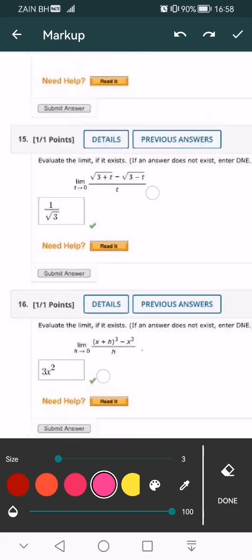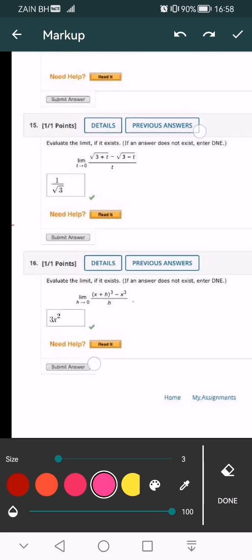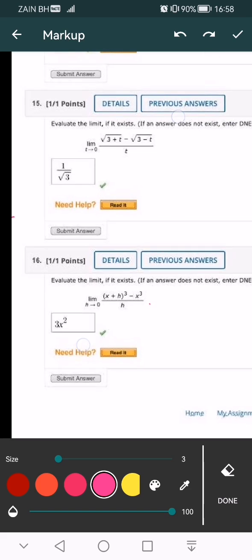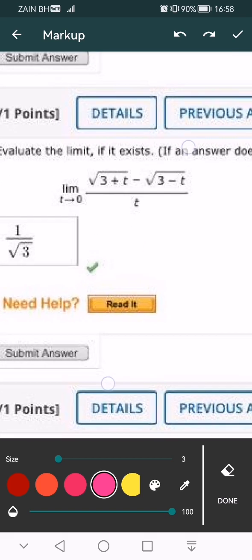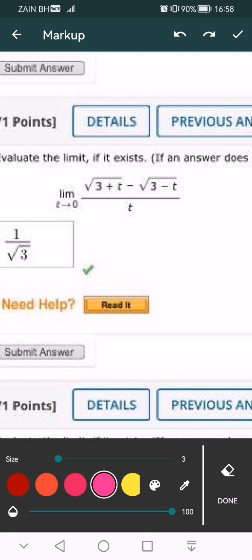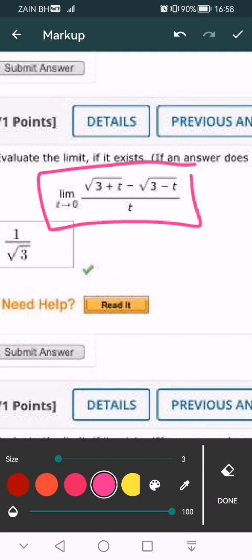I don't know how it will be in the exam, but I will go ahead and explain how to solve this problem, as I said for you in the beginning.